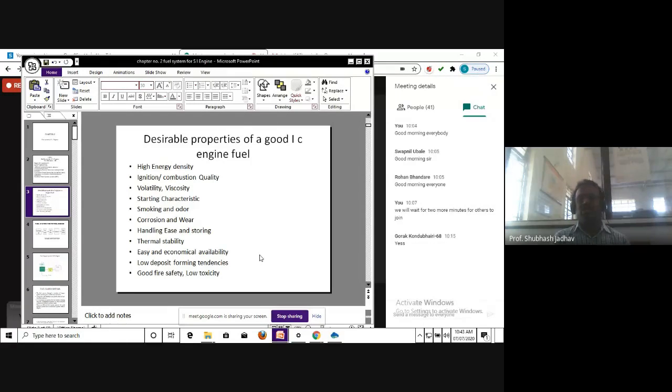We say pollution is responsible for that, and pollution comes from burning fuels. One of the most important contributors is the fuel used for generation of power, and second is the automobile industry. We are concerned with engines, so we are more concerned with the automobile industry.